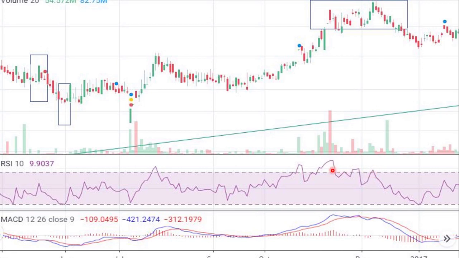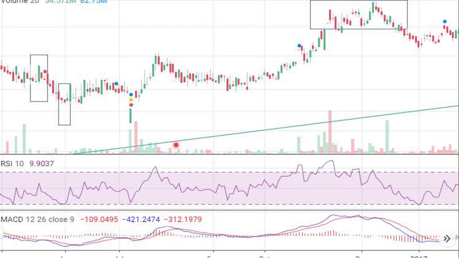We are in the overbought zone, and MACD also gives us a signal that we are in the overbought zone.